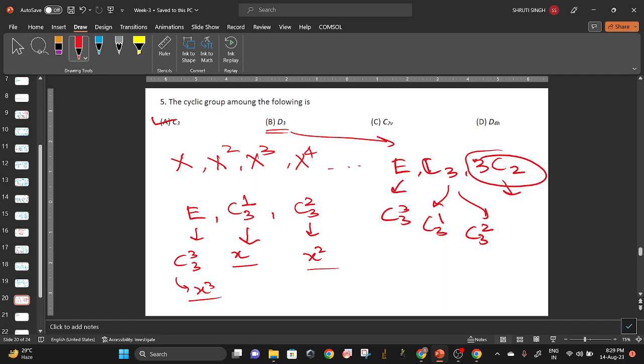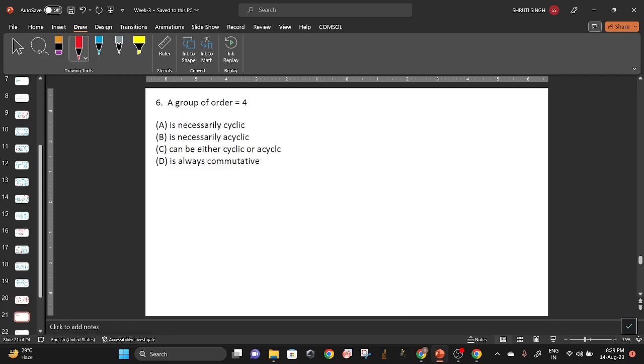Okay, so next one: a group of order 4 is necessarily cyclic, necessarily acyclic, can be either cyclic or acyclic, and is always commutative. How will you say that? Can be either cyclic or acyclic. Why are you saying that?